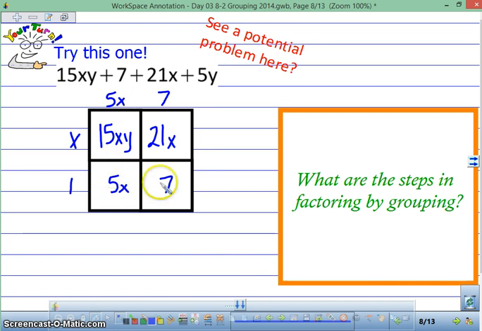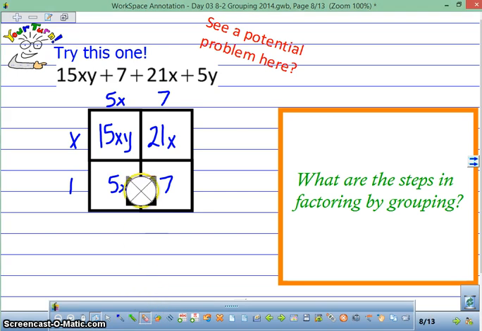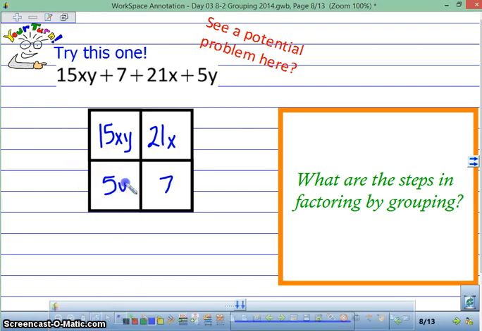And I figured out that I made a mistake because when I went back to multiply, I'm not getting what I'm supposed to right here. So I've made some mistakes. I'm going to go back and start again. I noticed that I made a mistake right here in copying. So my check helped me know that I had made a mistake.